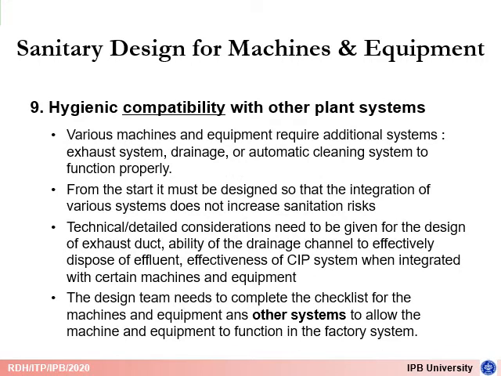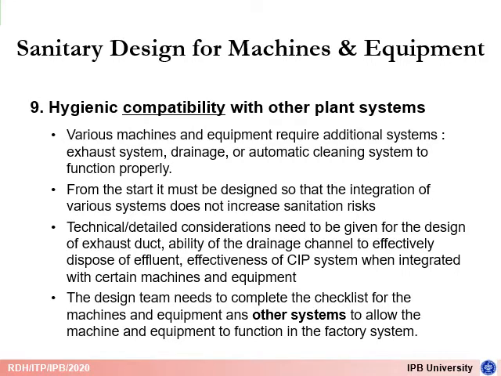The ninth principle requires hygienic compatibility with other plant systems. As we all know, various machines and equipment in the food processing industry require additional systems such as exhaust systems, drainage, etc. From the start, it must be designed so that the integration of various systems does not increase sanitation risk.